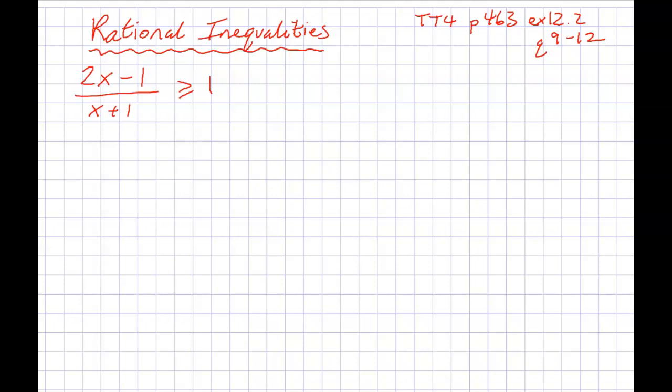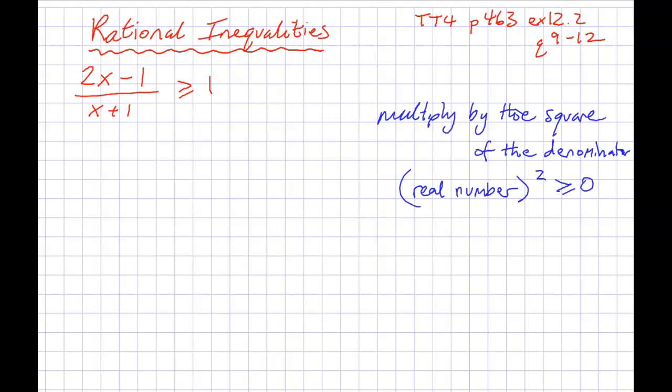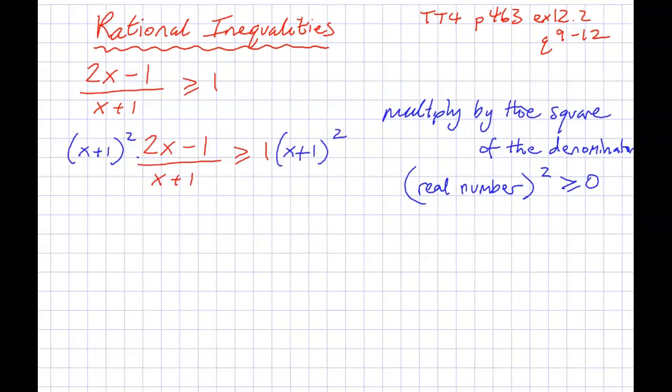What we have to do instead is multiply both sides by the square of the denominator. The reason for this is that anything that's squared, that's real, will give you a positive value. So if we multiply both sides by the square of the denominator, we're definitely multiplying both sides by a positive expression. For this question, you're going to have a bit of cancelling going on.